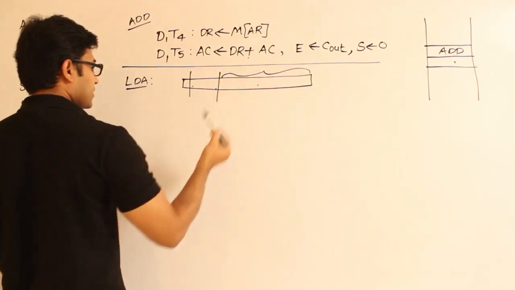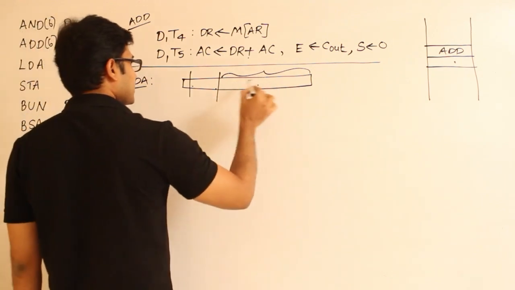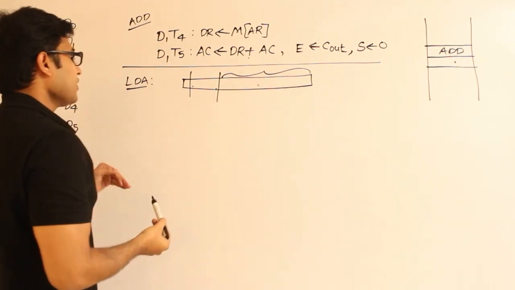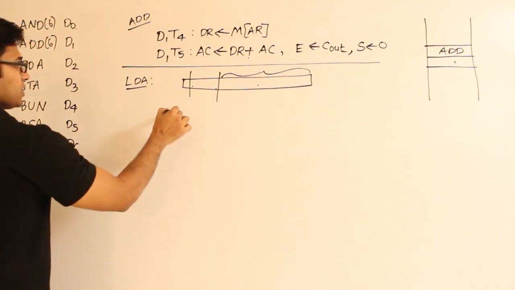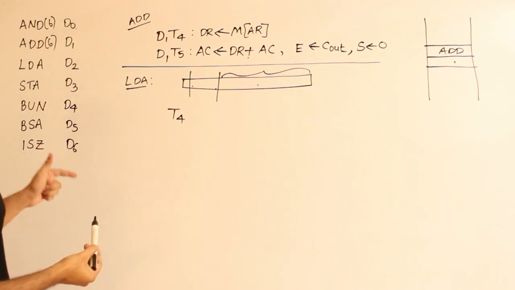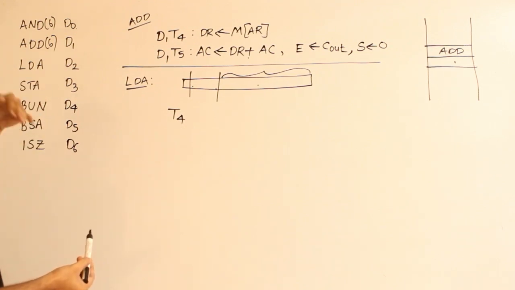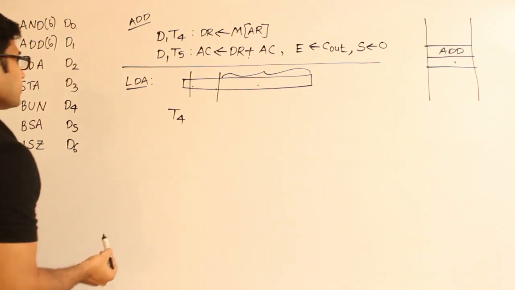If it is indirect address, you have to compute the effective address. Otherwise, this particular one is the address of the word, right? Whatever it is, by the time we reach T4, our AR is going to contain the effective address where that particular operand is present. Now we have to take that word and load it into the accumulator, right?